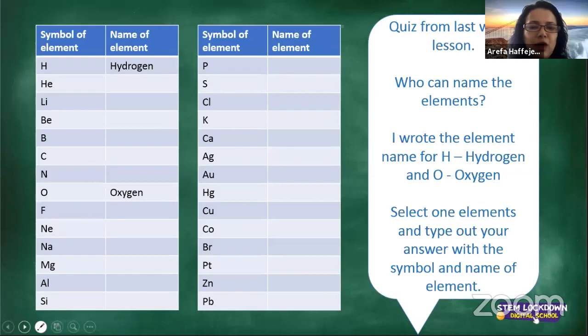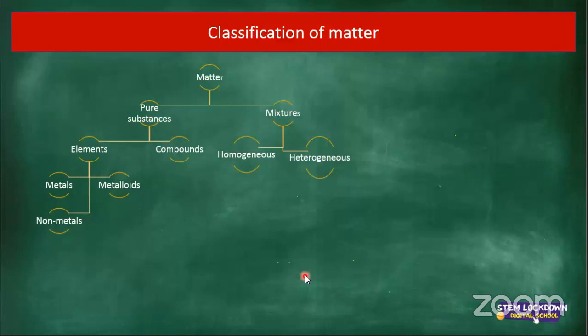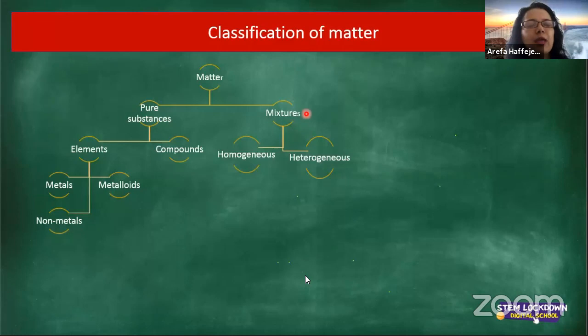So we're going to move on to the next slide, where in previous lessons, I had told you that matter is classified as something that takes up space, and it was made up of three phases, that being the solid, the liquid, and a gas. So now we're going to further define what matter is made up of.